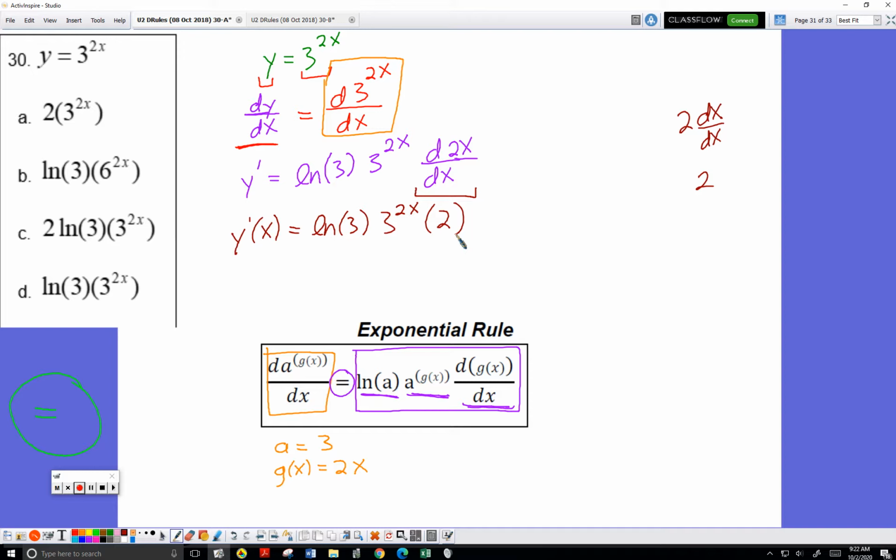I'm guessing the final stumbling block for some people is they want to multiply these two together. Because of this exponent, that's illegal. You're not allowed to do that. Some people want to multiply these two together.